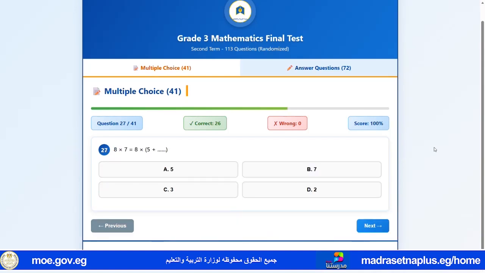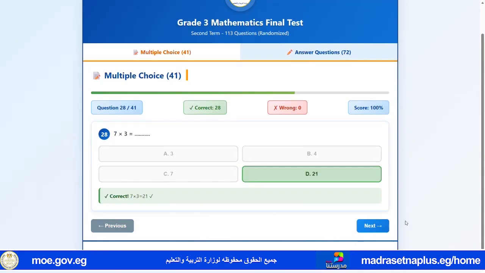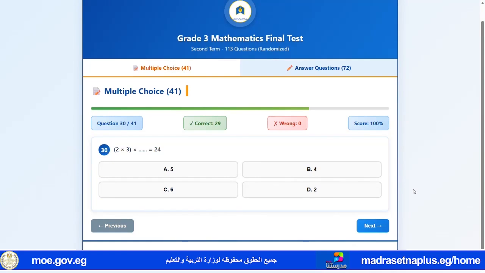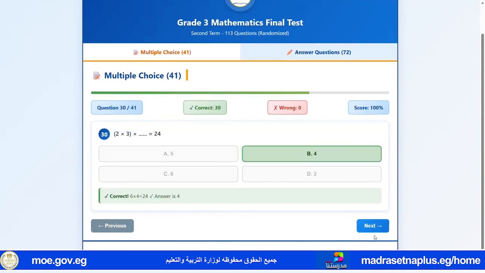Distributive property again. 8 times 7 equals 8 times 5 and what? 5 and what equals 7? 5 and 2. Okay. Which fraction equals 1/2? 1/2 equals what? 1/2 equals 2/4, 3/6, 4/8, and so on.